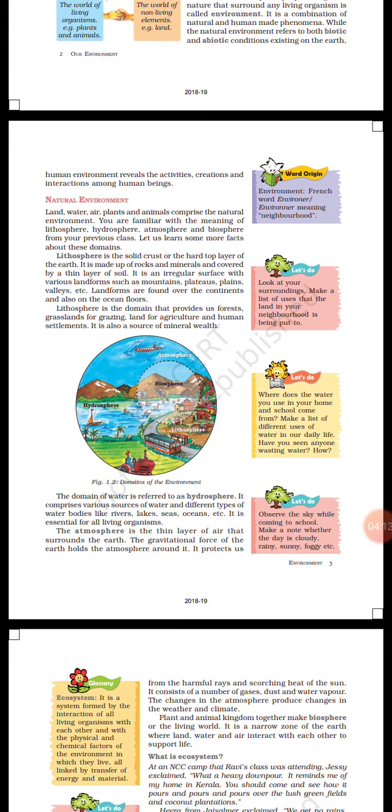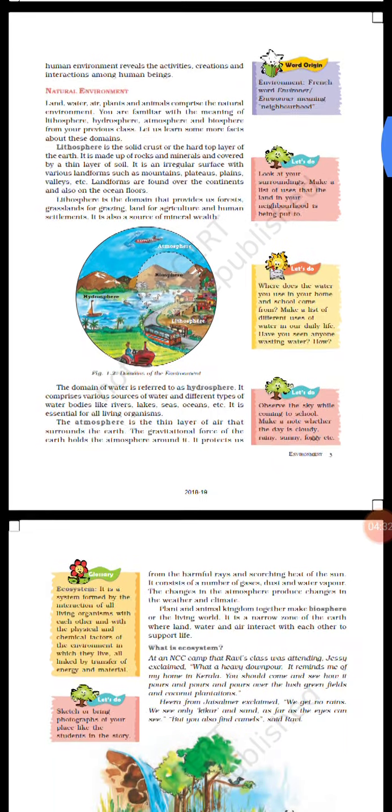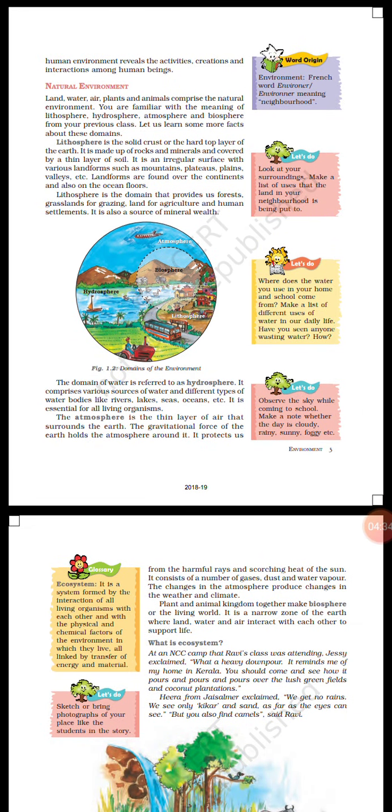Now, the topic came, what did you understand by the ecosystem? What is ecosystem? The relation between the living organisms as well as the relation between the organisms and their surroundings forms the ecosystem.